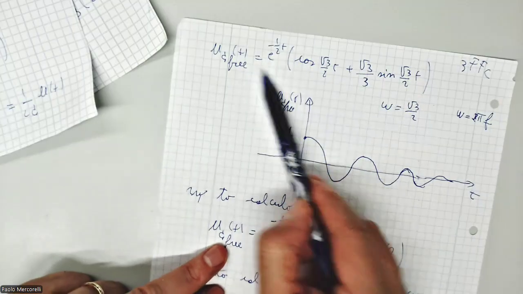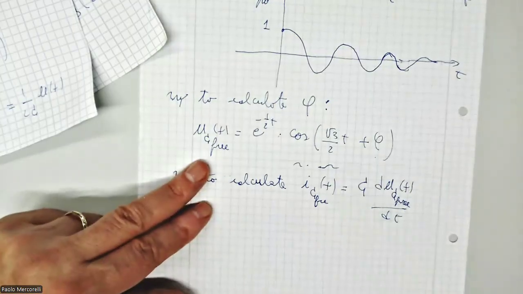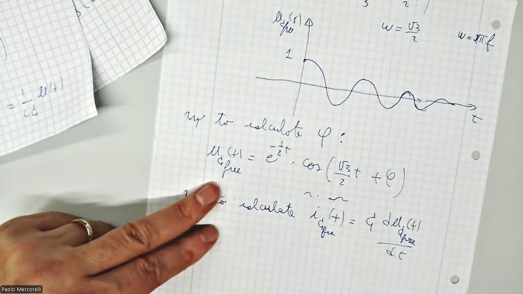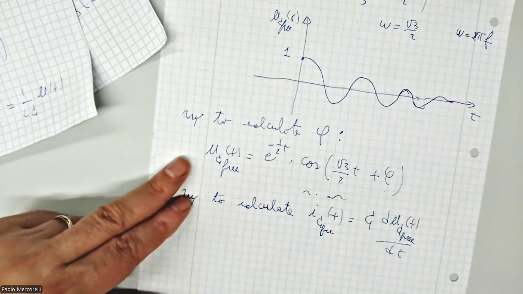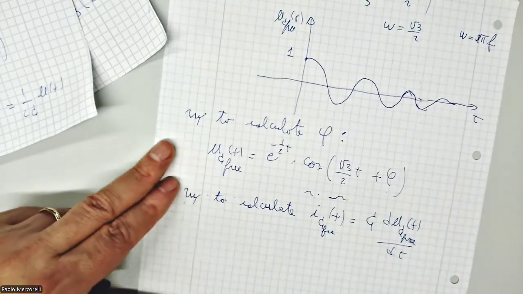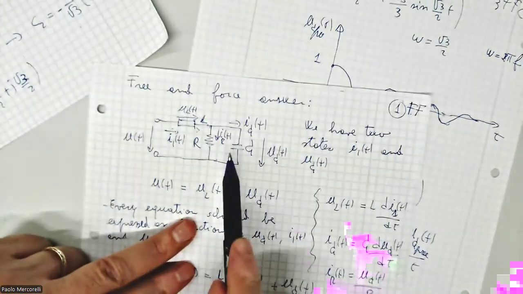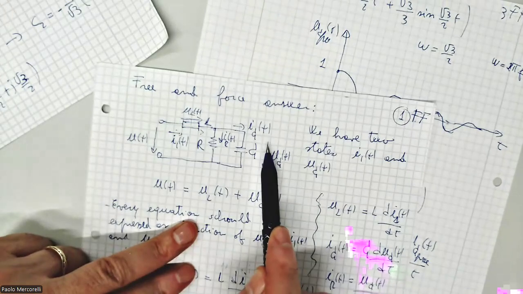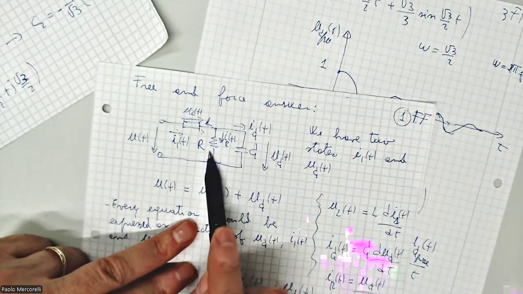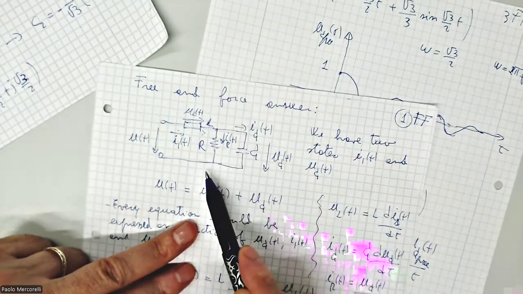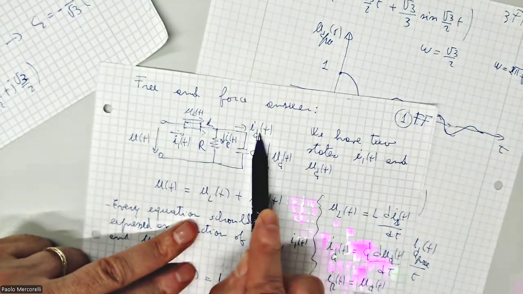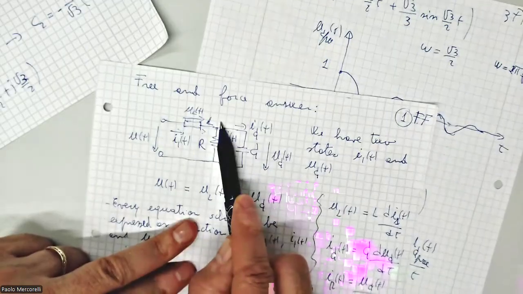I multiply by C. If I want to calculate I1, it's easy. I1 equals IR plus IC. Both I already explained how I can calculate. This is extremely easy. This is boring. The sum of both is I1.